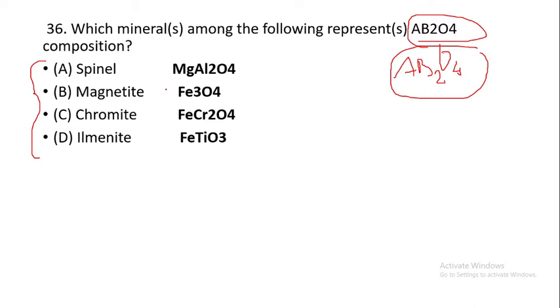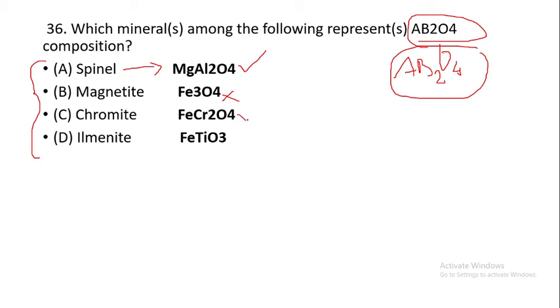Okay, so first of all, spinel. The chemical composition of spinel is magnesium aluminum oxide, MgAl2O4. That is MgAl2O4. Okay, then next is magnetite, that is Fe3O4. Okay, this is wrong. Next is chromite, FeCr2O4.